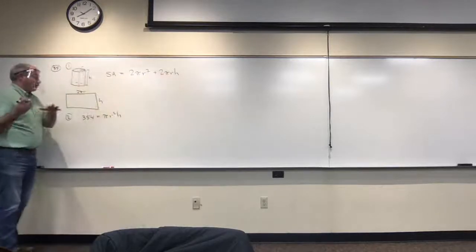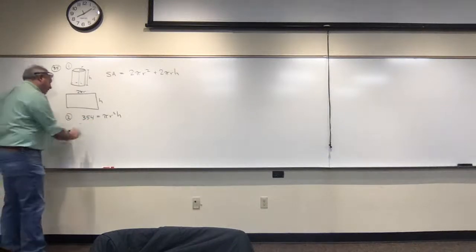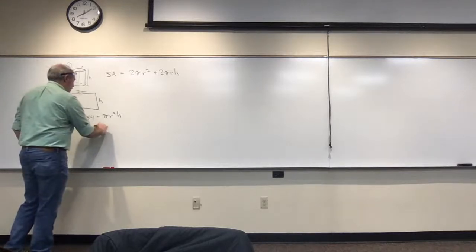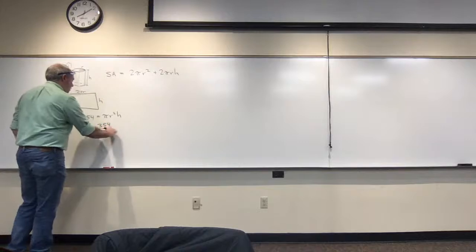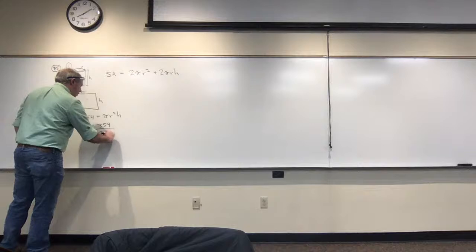I think the easiest thing here to solve for is h. So I get that h is equal to 354 divided by pi r squared.